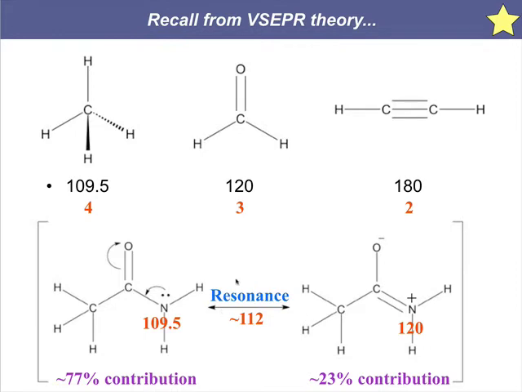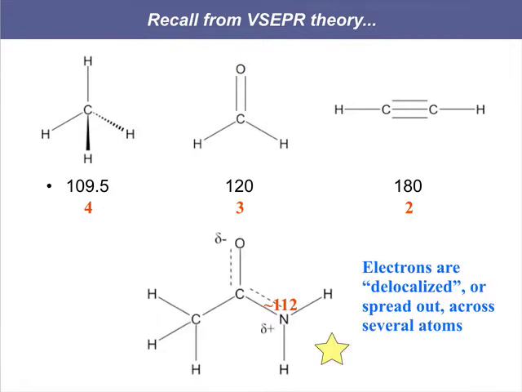So we figure that rather than being a 50-50 contribution, it's only about 23% contribution of 120 and 77% contribution from the 109.5 structure. So we could draw the quote unquote real structure in this kind of a way.